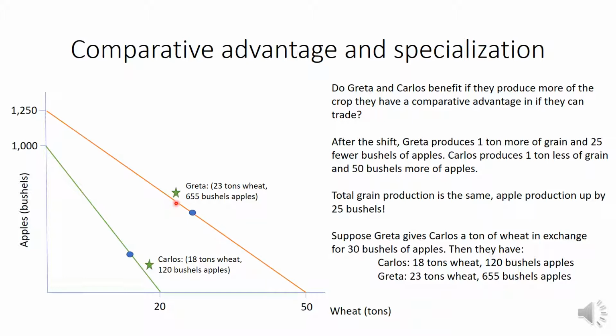So by being able to trade, Greta and Carlos are both able to consume a combination of wheat and apples that are better for them than what they could do just by producing on their own. And so here specialization and the ability to trade with one another have made both Carlos and Greta better off.